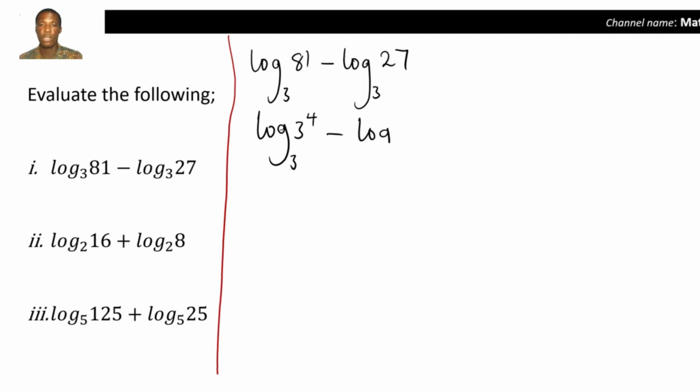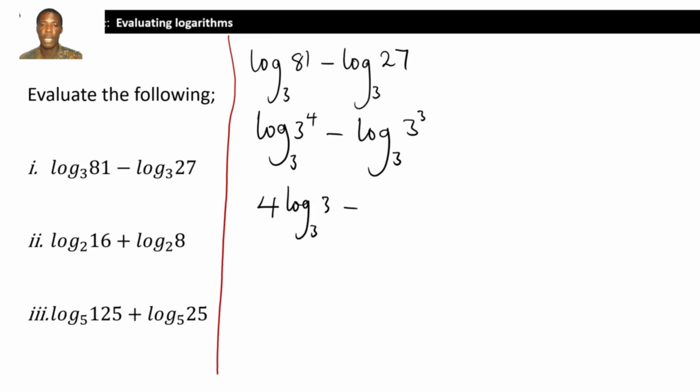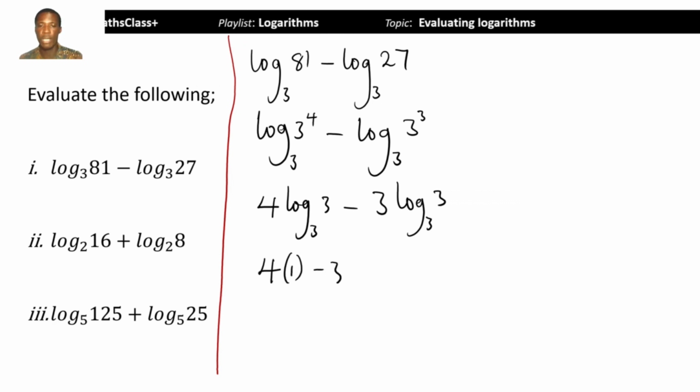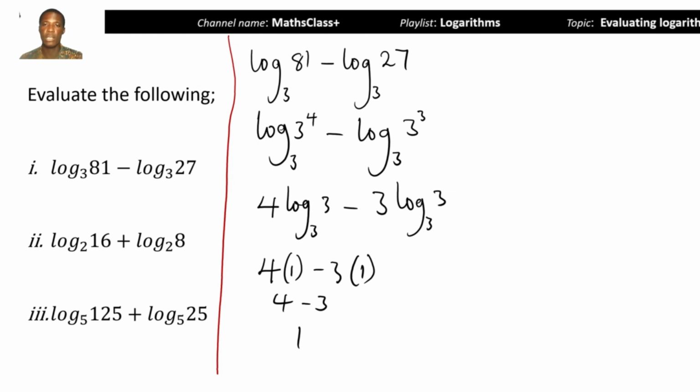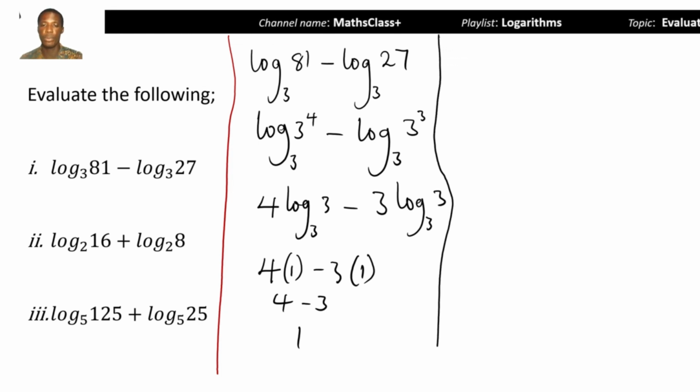And then this one, log to the base 3 of 3 to the power 3. Okay, so this one becomes 4 log to the base 3 of 3 minus 3 log to the base 3 of 3. So as we remember the properties, 4 times 1 minus 3 times 1. That will give us 4 minus 3, which is 1. So that is it for our first example.